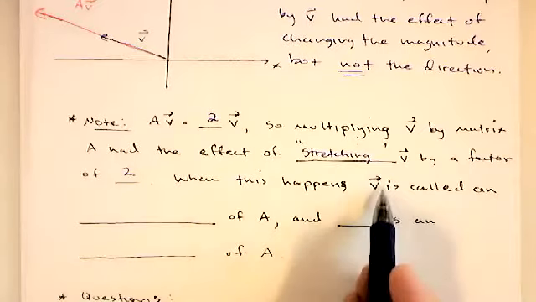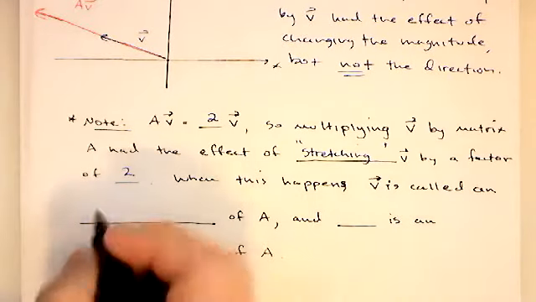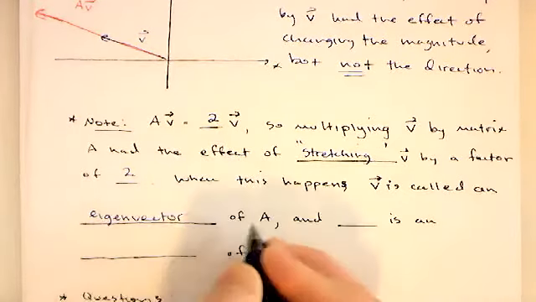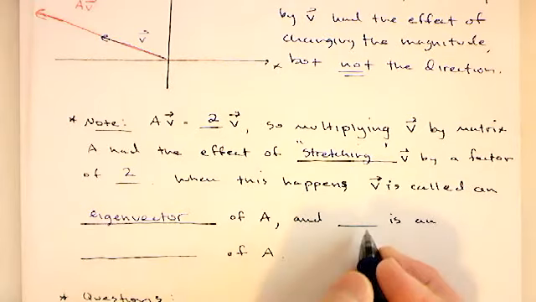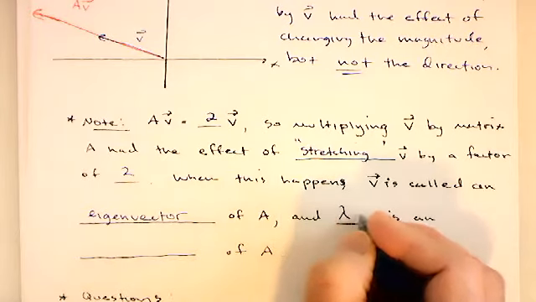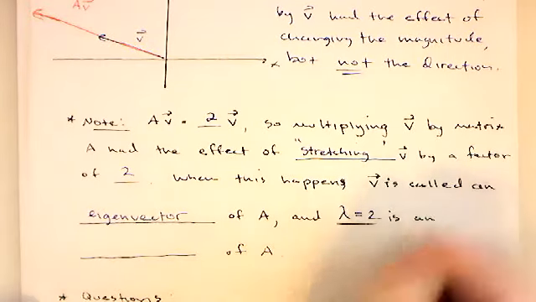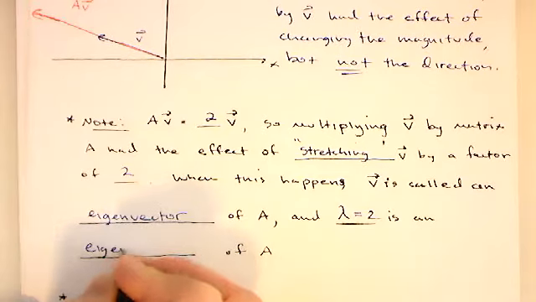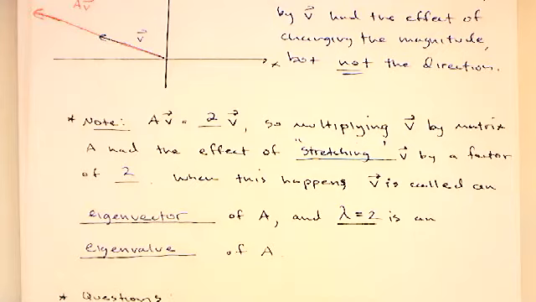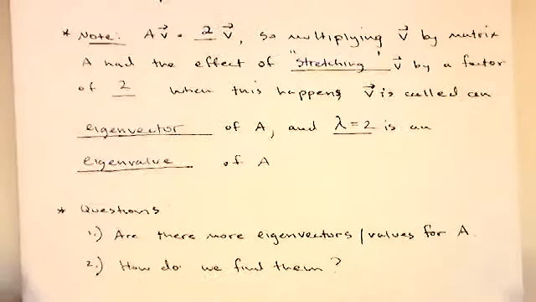And when this happens, that vector V is called an eigenvector of matrix A. And that 2, that stretching factor, we're going to refer to that as a lambda. Lambda equals 2 is called an eigenvalue of matrix A. And so the questions then are going to be this.